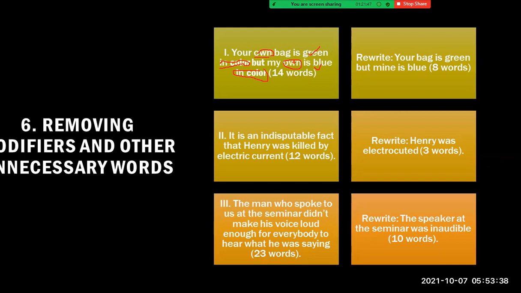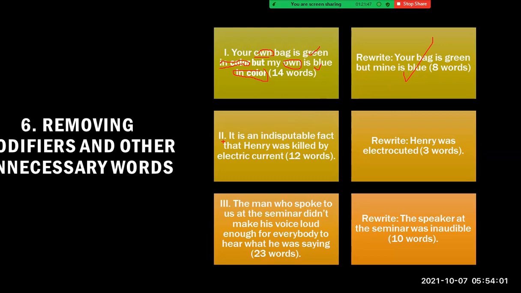So instead of saying "your own bag is green in color, but my own is blue in color", we rewrite this as "your bag is green, but mine is blue." Very excellent, very clear, very good. An excellent way of reducing words.